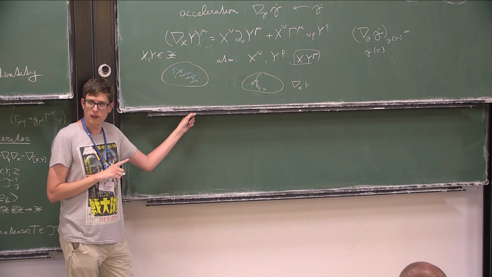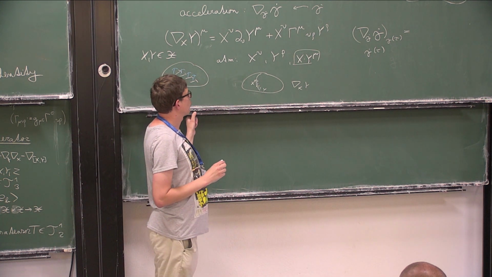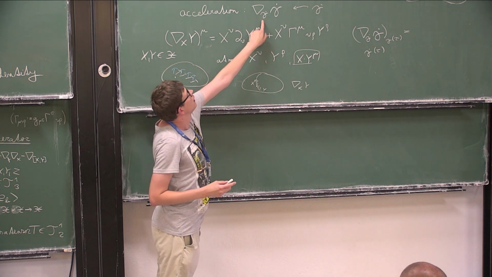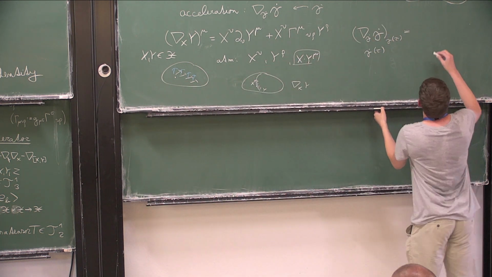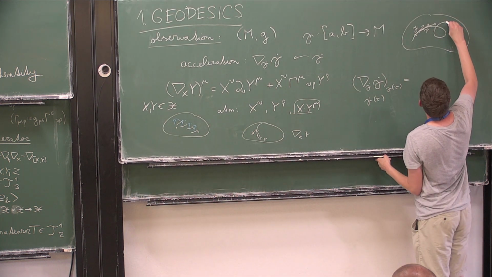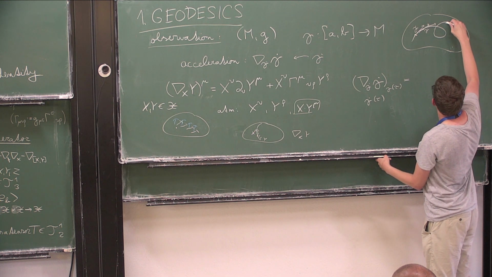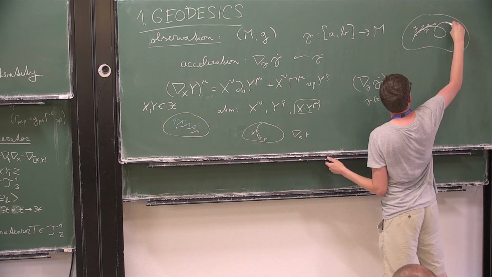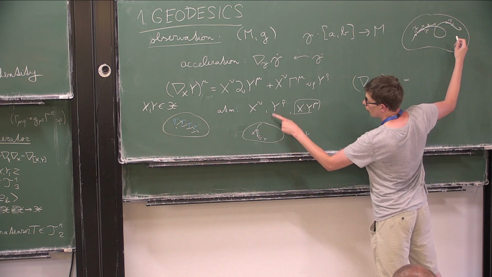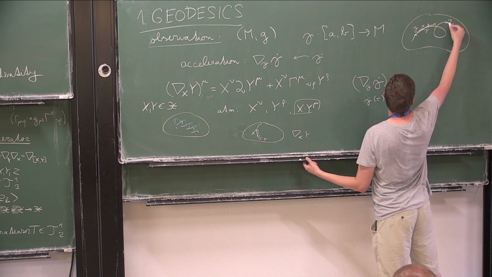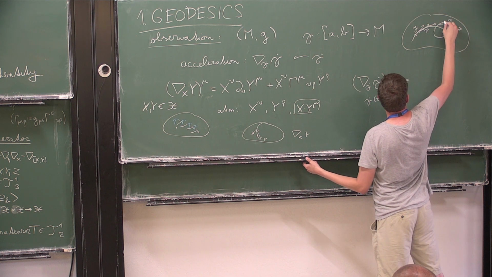Do you agree with that? So in this case, what I mean is that you have your curve and it can intersect or whatever, but when calculating the acceleration at this point, the only thing I do is use as my x the tangent here, and I use as y the field gamma dot, which is only defined along the curve.